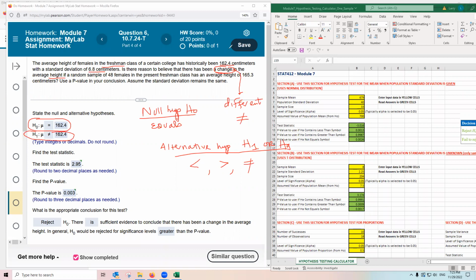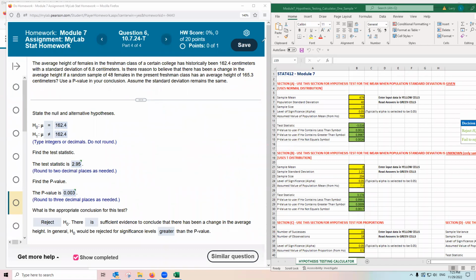All right, the other thing I need to know here is, am I being given the population standard deviation or not? If you remember, if you're given the population standard deviation, you're going to use the normal distribution. That's section A of this spreadsheet. But if you don't know the population standard deviation, then use the t distribution, and that's going to be section B of the spreadsheet.